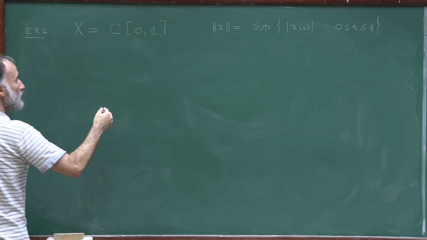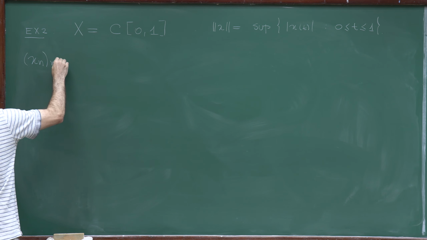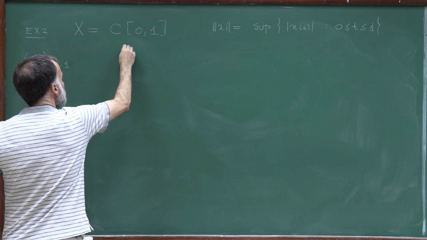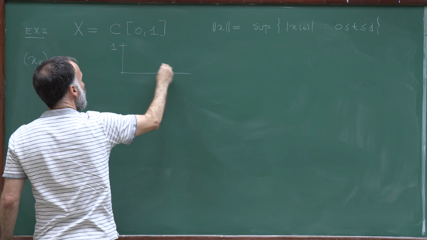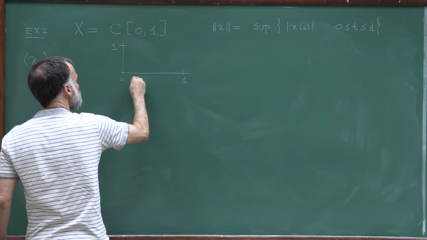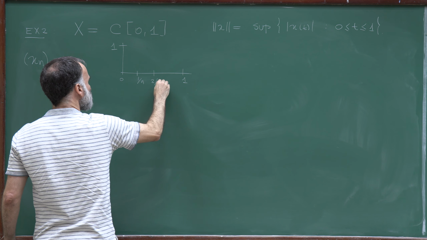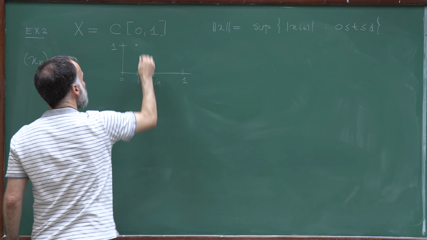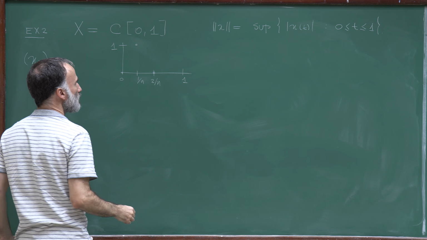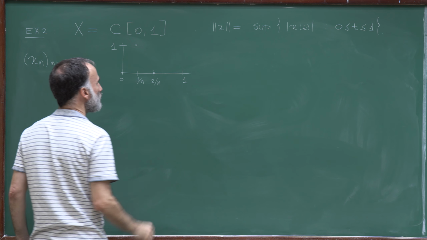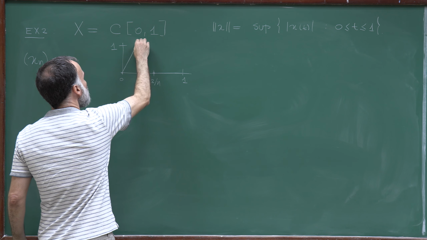And I want to consider in that space the following sequence, x_n, for n larger than 1, which is defined as follows. So here is 1, 1, 0. So let me take here 1 over n, 2 over n, and the function will be equal to 1 at 1 over n, 0 at 0, 0 at 2 over n, actually 0 in the interval from 2 divided by n up to 1, and linear in these two intervals.